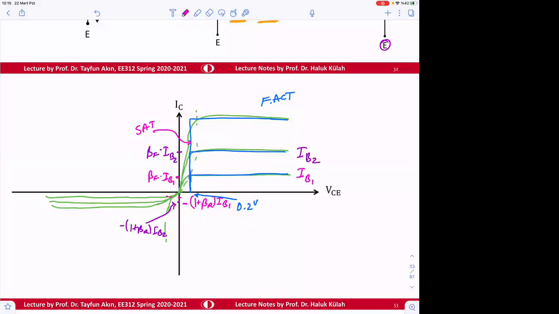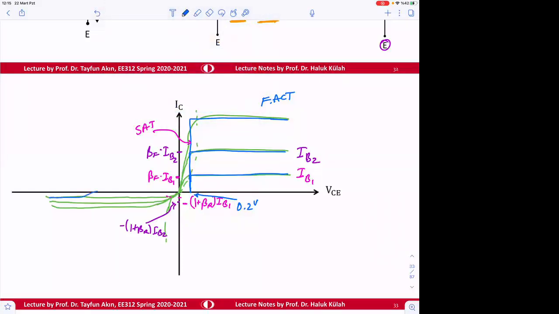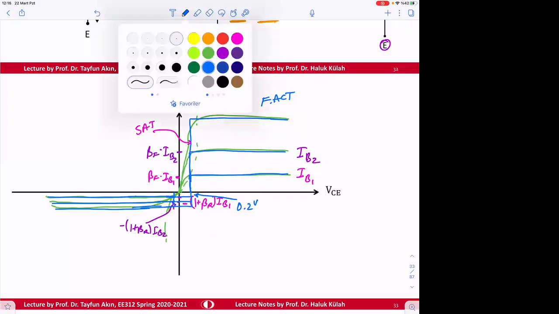And in the model, we make this thing flat, and then flat, and then flat again. But there's a problem here, there's a problem here. What do we do here? So this region is not a correct region. So here in the model, we assume that this is like this, okay?